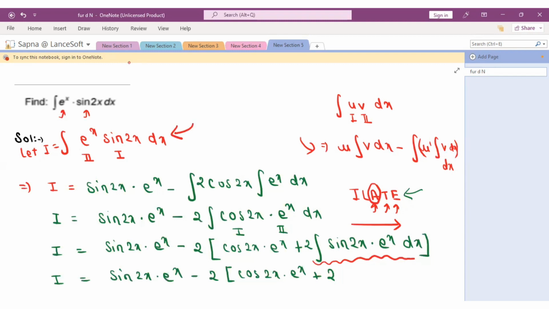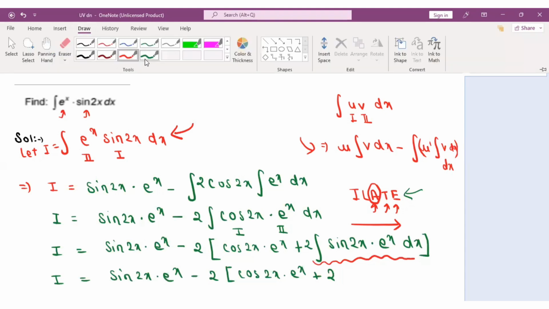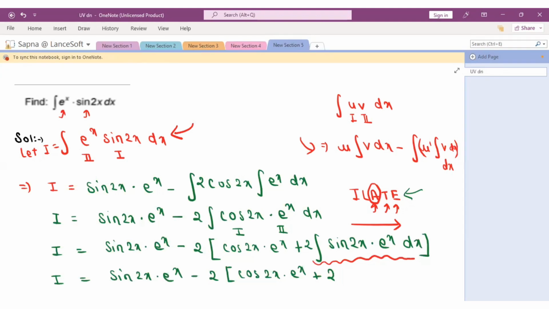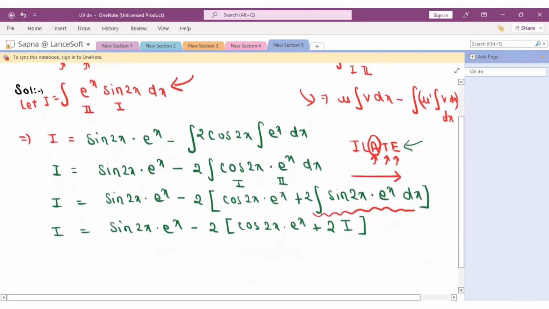And that is equal to nothing but I, which I have already taken before. So instead of writing integration of e raised to x sine 2x dx, or integration of sine 2x into e raised to x, both are the same thing, I can just substitute the value of I. So I can just write this as 2I. All right, now it is looking very simple.